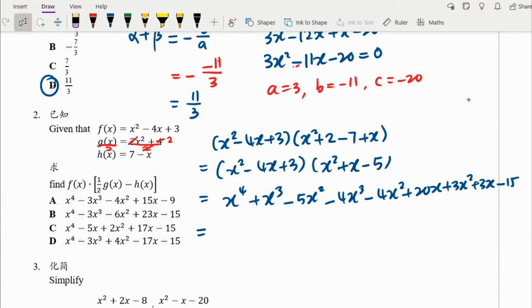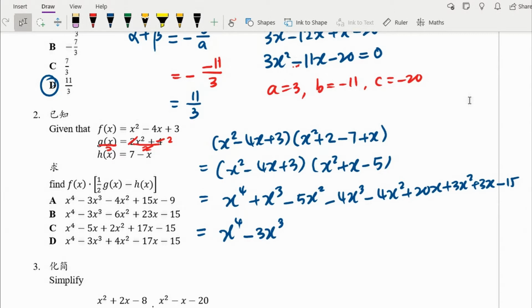Okay, so we will now collect all the like terms. We start from the highest power, which is x to the 4th power, only have 1. Then for x cubed, we have 1 minus 4, so it's negative 3x cubed. For x squared, you have negative 5 minus 4, you have negative 9.